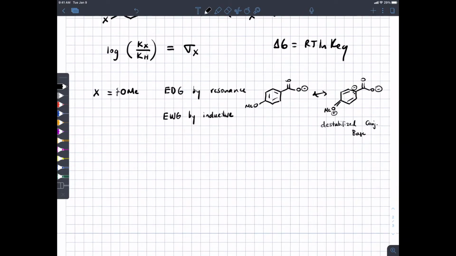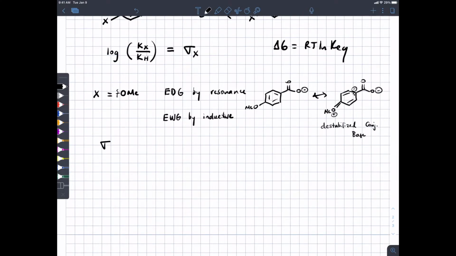When X equals methoxy, this sigma parameter, which is the logarithm of the equilibrium constant for methoxy at the para position versus hydrogen, actually equals minus 0.27. What does that mean? Does the equilibrium favor products more for methoxy or for hydrogen?